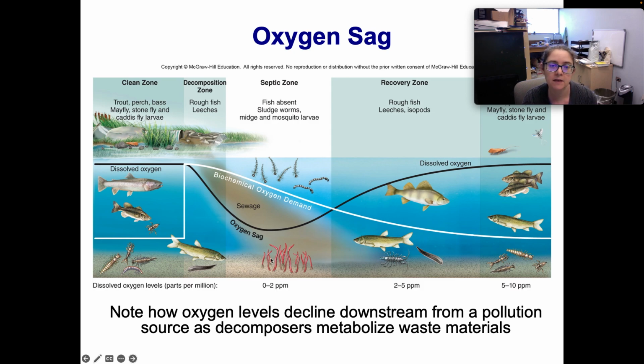Then we see that what kinds of life can live in the stream or river changes a lot. We see these tubifex worms, which are sometimes referred to as sewage worms. They do really well in high nutrient, low oxygen conditions. They are red because they have hemoglobin just like we do, and that helps them get more oxygen out of the water.